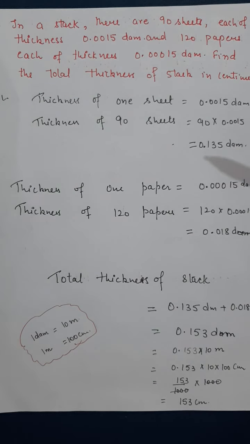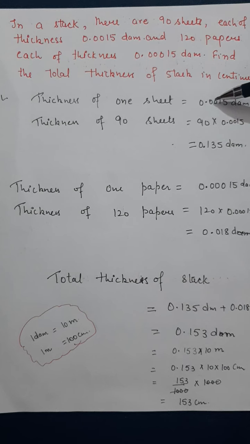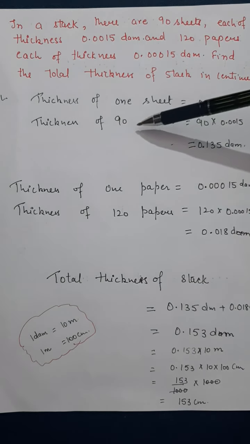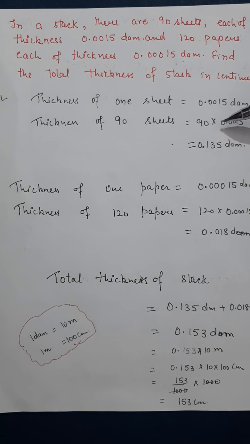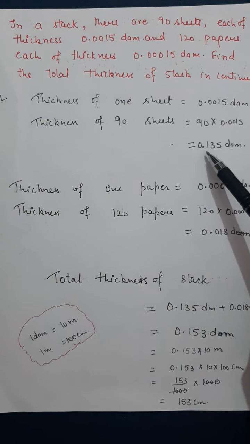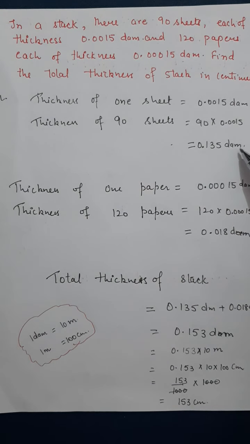So let's see, first of all, one sheet has thickness 0.0015 DAM. Thickness of 90 sheets, 90 into 0.0015, will give you 0.135 DAM.